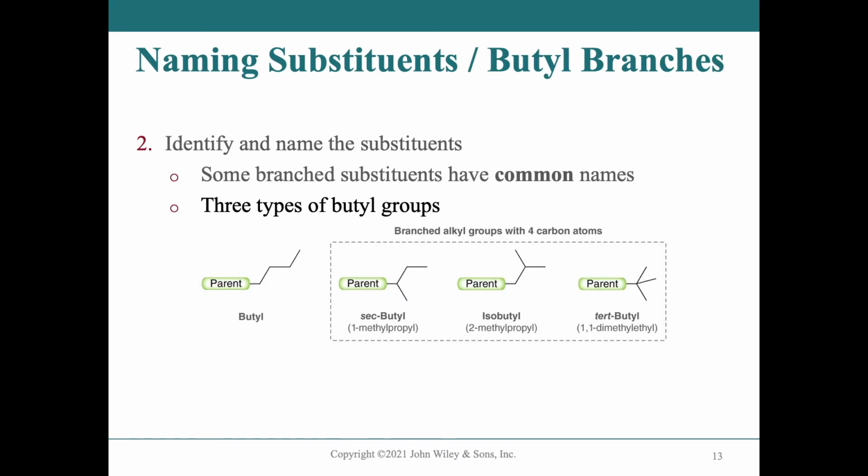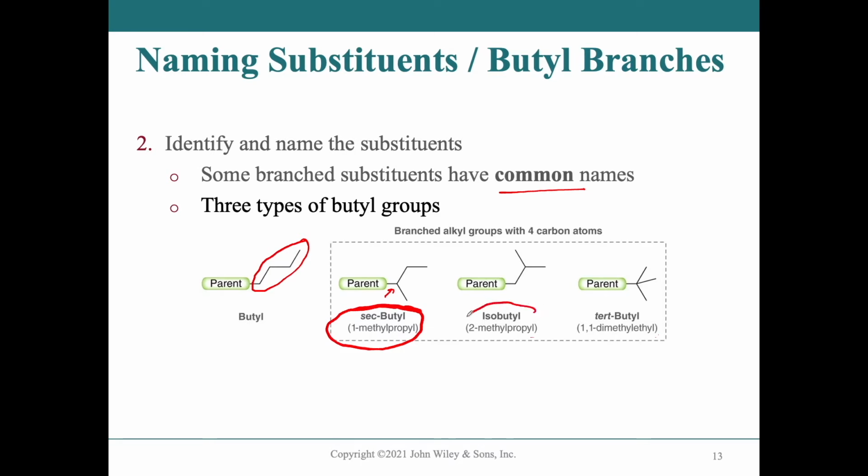Here's some more common names for substituents. Of course, a 4-carbon chain as a substituent is called a butyl. But when the parent is connected to the second carbon of the butyl, it's called a sec butyl.